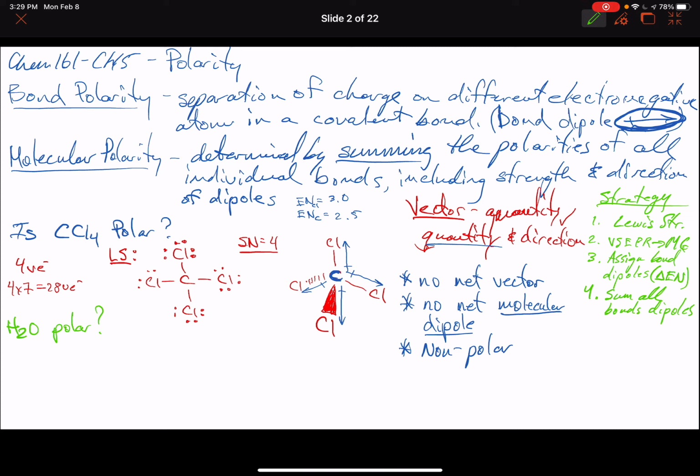Here we would be dealing with 8 valence electrons for the water molecule. You should be able to reproduce the correct Lewis structure as drawn here. And then when we apply valence shell electron pair repulsion, we note that this is also a steric number equal to 4. That means our electron group geometry is going to be tetrahedral.